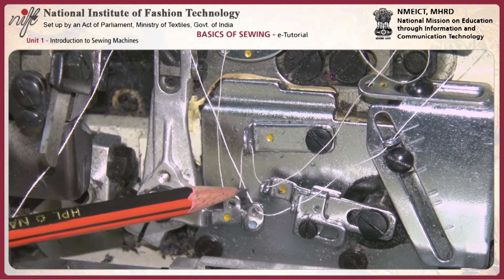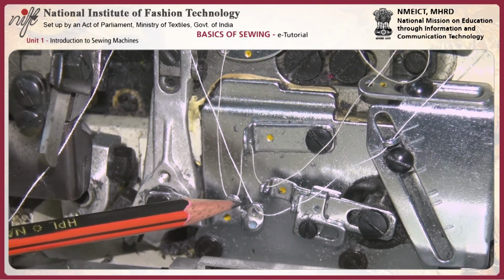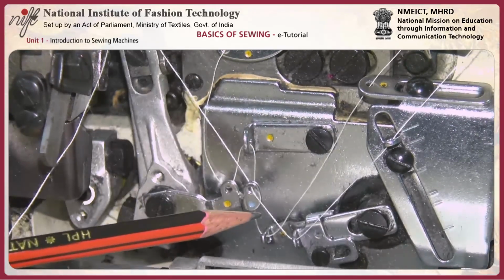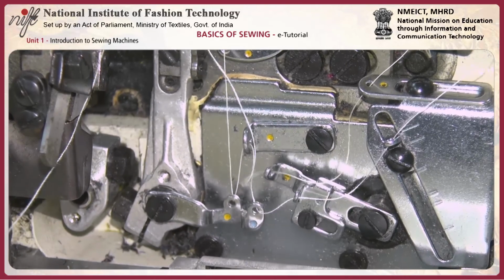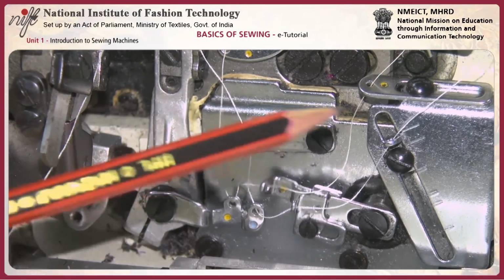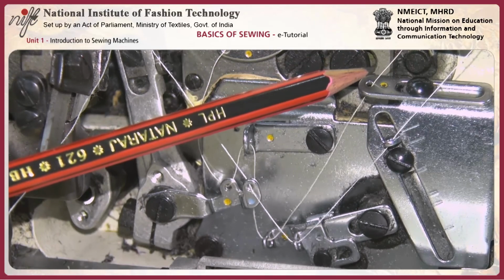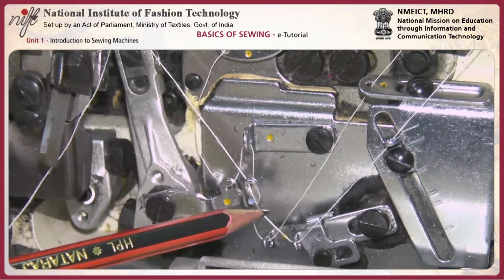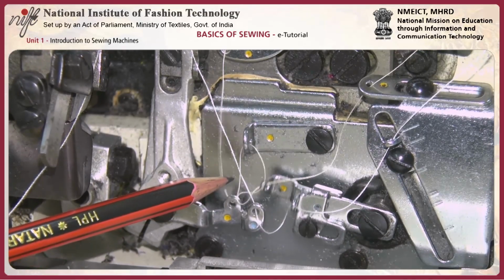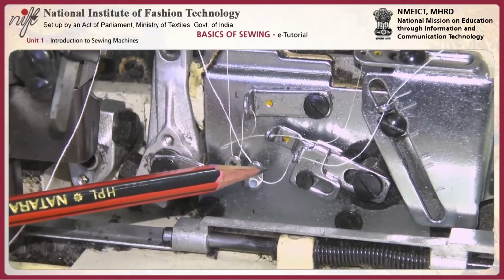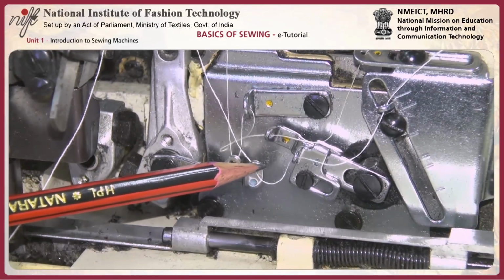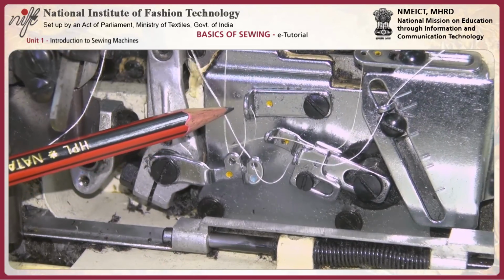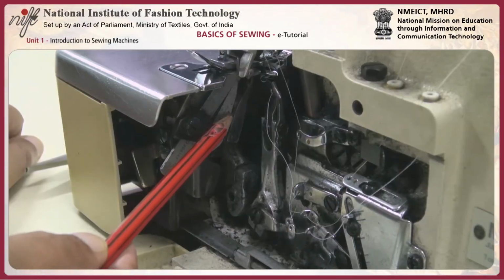Mechanism of the thread take up lever. Look here. Here is the 2 thread supply. One is this one, the other one is this one, and they pass through the thread take up lever, and then there are 2 thread take up levers supplying thread to both eye loopers.